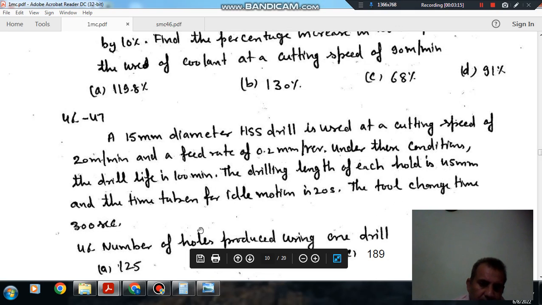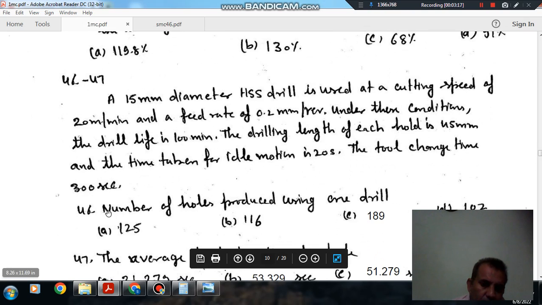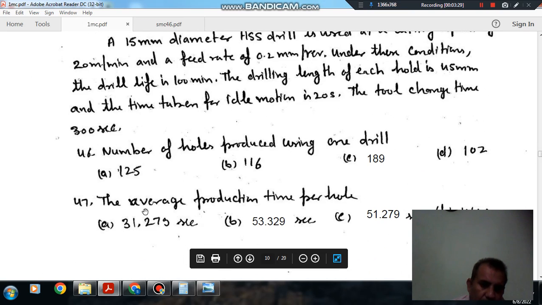The tool change time is 300 seconds. Question number 46. The number of holes produced using one drill, option A 125, option B 116, option C 189, option D 102. Question number 47. The average production time per hole, option A 31.279 second, option B 53.329 second, option C 51.279 second, and option D 41 seconds.